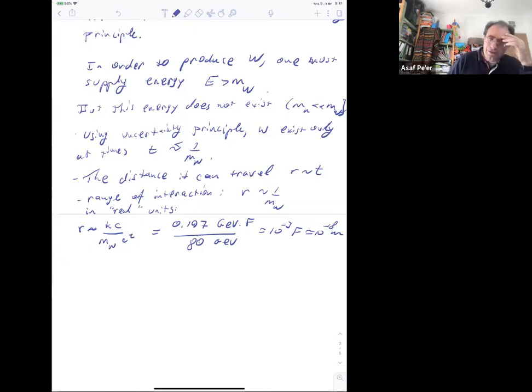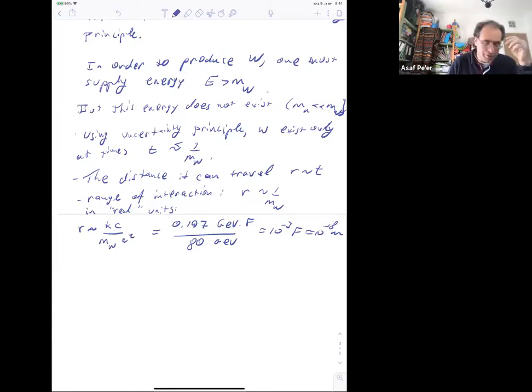Now, note that I'm using different terminology than is commonly used today, right? Today, we don't say that the virtual particle violates conservation of energy. We simply don't say that anymore. Rather, we argue that energy and momentum are conserved in each vertex, but the thing that is violated is the mass of the particle. We said that the W, being a virtual particle, does not sit on the mass shell.